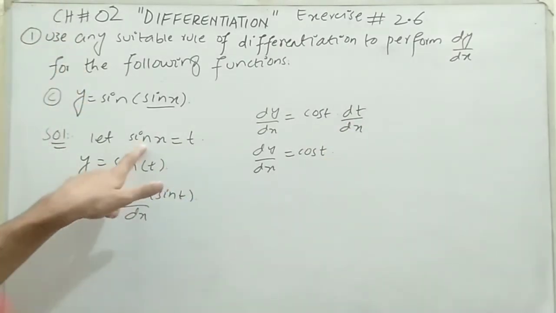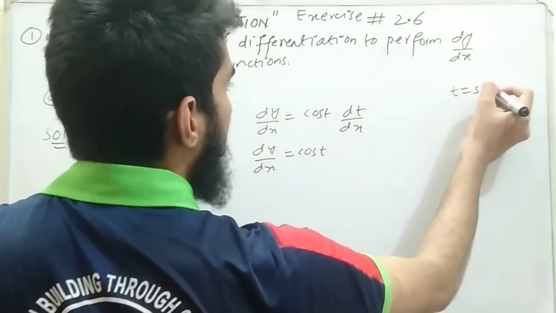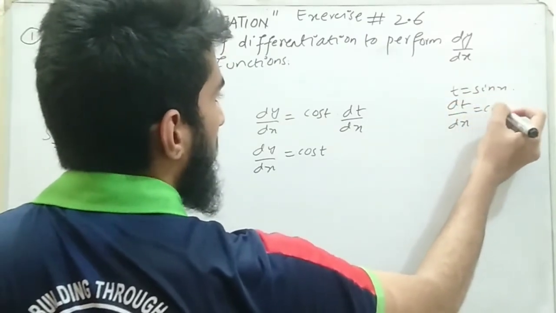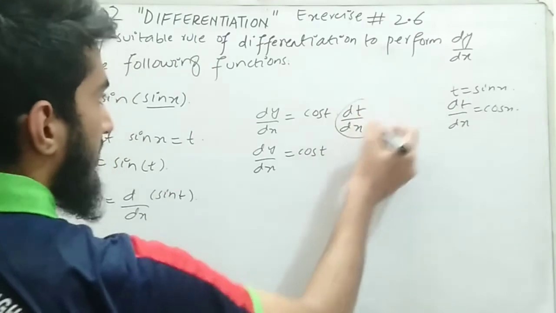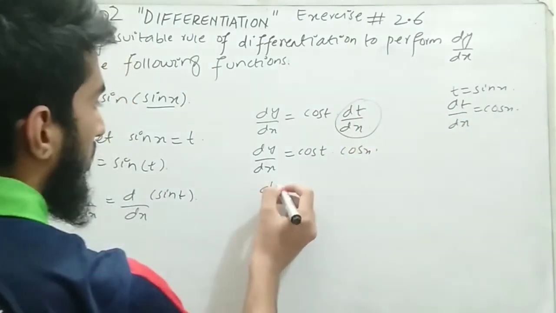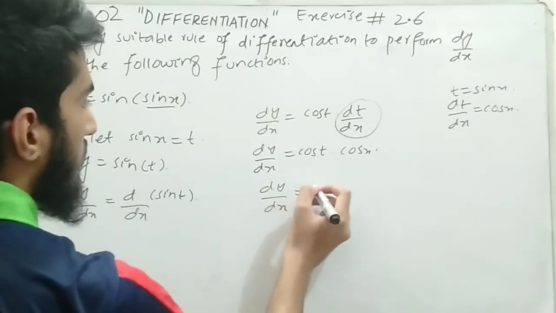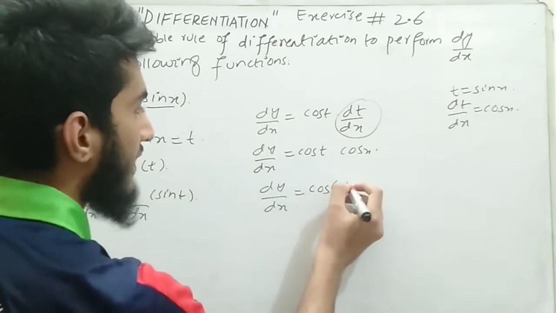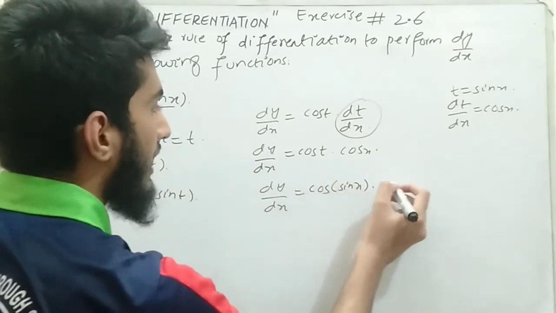Our t is sin x. So now take the derivative of both sides with respect to x, so dt by dx will be equal to cos x. Now put the value of dt by dx, cos x, over here. Now dy by dx will be equal to cos of t, which is actually sin x, so it becomes cos of sin x and cos of x.